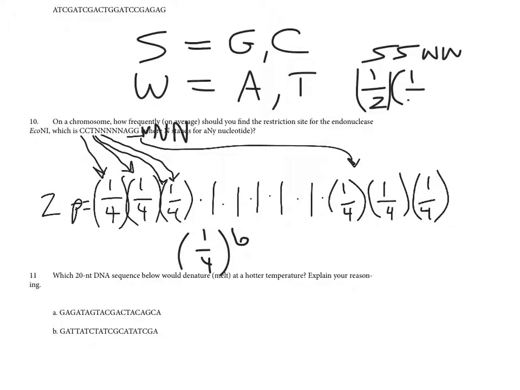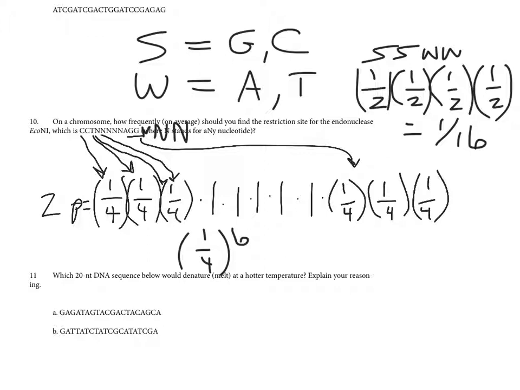And then, again, half. And then the weak, A or T, you've got a 2 out of 4 nucleotide chance of finding a weak nucleotide there and a weak nucleotide next to it. So that would be half, fourth, eighth, 1 in 16.